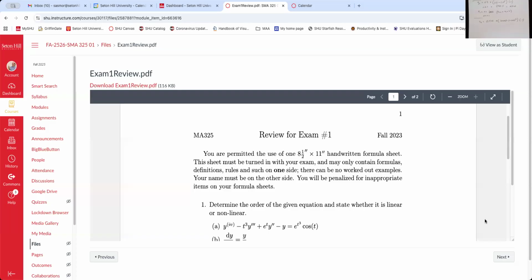A remark about the exam review sheet. Please notice what is written at the top of the exam review sheet.